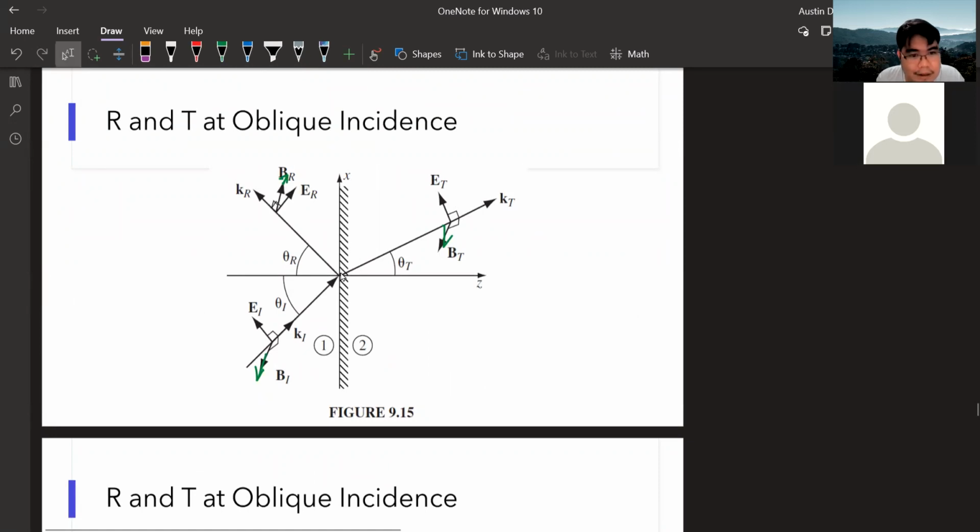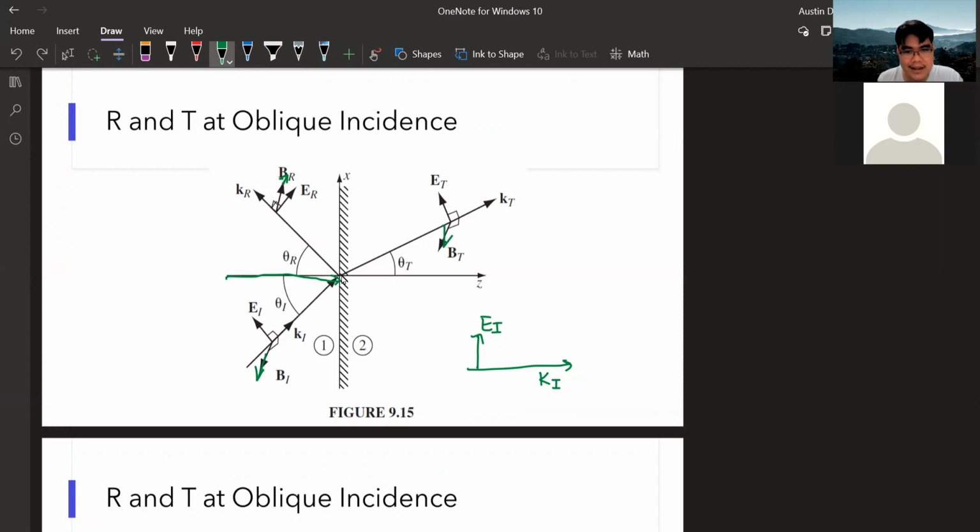So guys, pansinin nyo to. Pag tinaas ko tong vector na to dito, di ba ang itsura niya ganito? Kunwari, nilatag ko siya sa Z-axis.